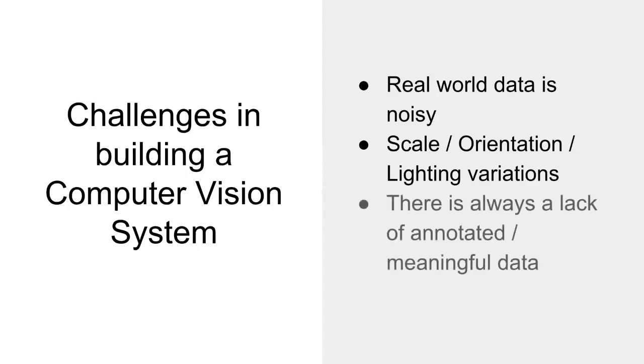That's difficult to solve. And there is always a lack of data and annotated data. Even though we have several libraries out there, open source image collections that you could use to build your machine learning models and do your image processing applications, there is always going to be a lack of data in the field that you try to come up with, even for problems which have been solved. I'll give you an example.